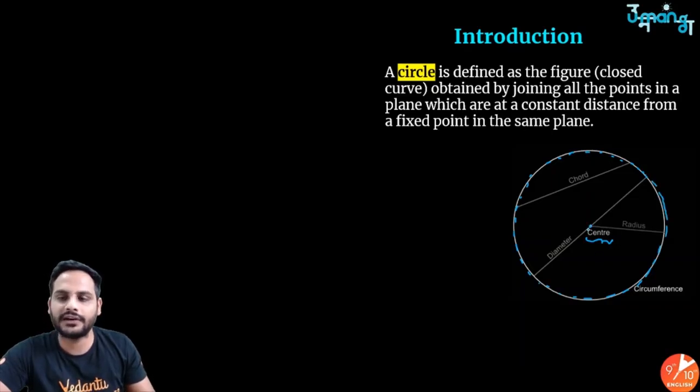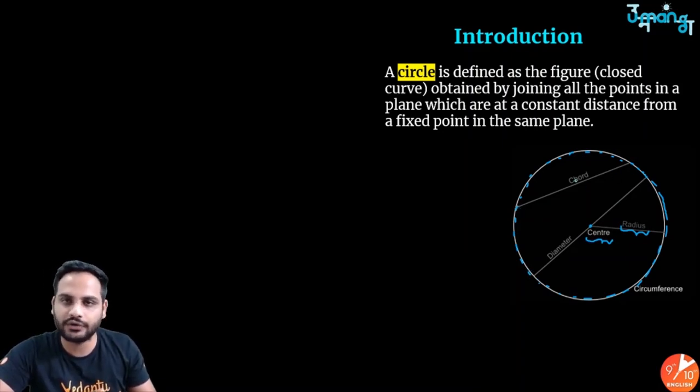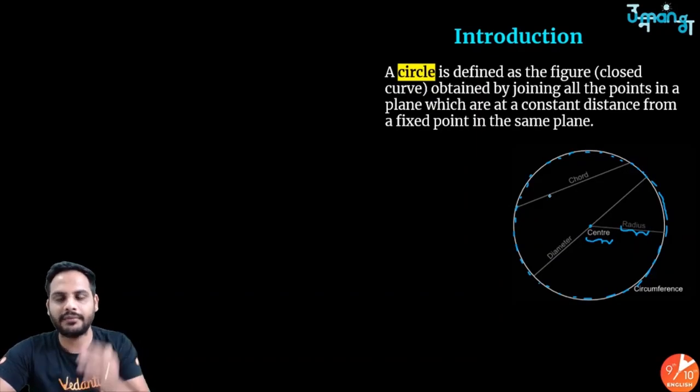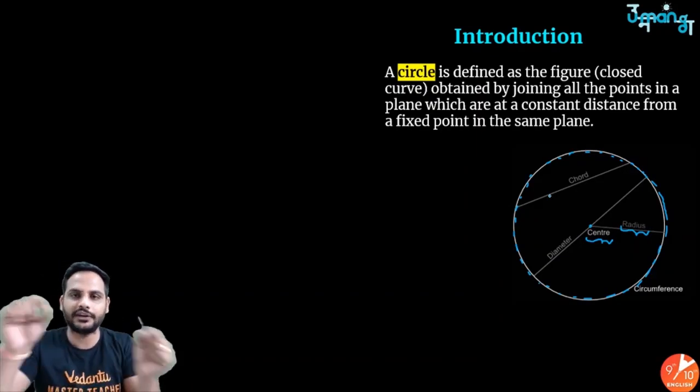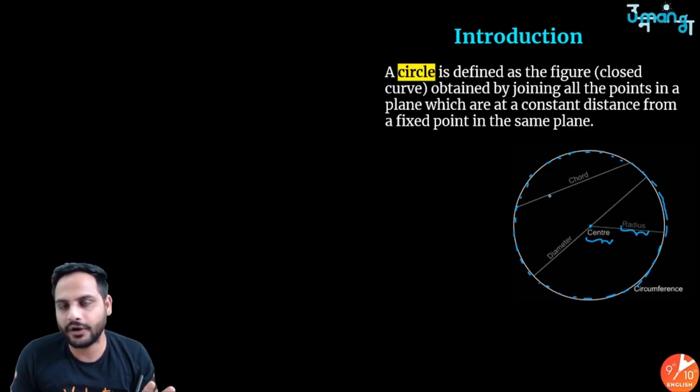So center of the circle, that fixed distance is called the radius. Okay, all the points, they form the circumference. Diameter is the line passing through the center and joining two opposite points of the circle. Chord is any line joining two points of the circle.